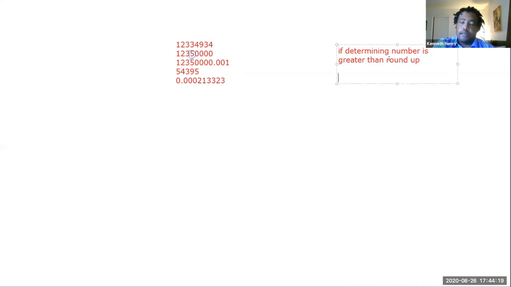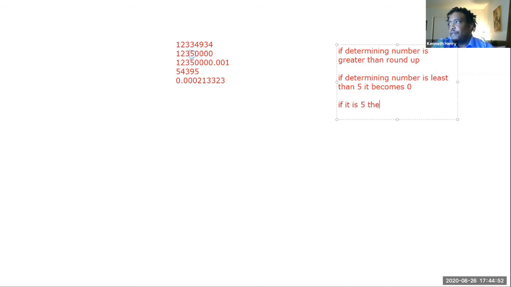If our determining number is less than 5, we're going to make it 0. And then if it's 5, it depends on the numbers behind it.